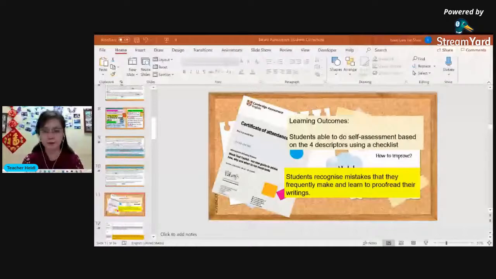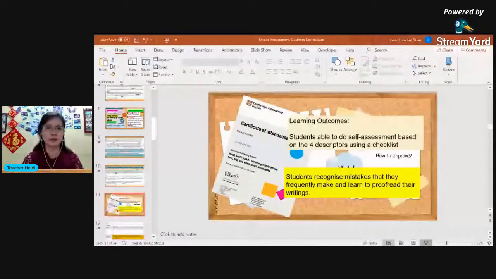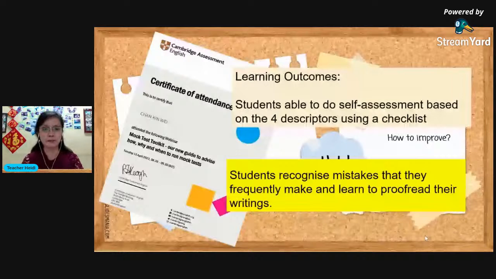If you are looking at the screen, teacher would like to remind everyone again about the learning outcome. In the first video, teacher's main focus was that students recognize mistakes that they frequently make and learn to proofread their writing.